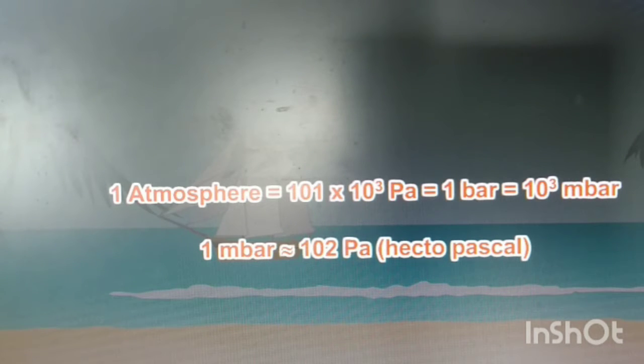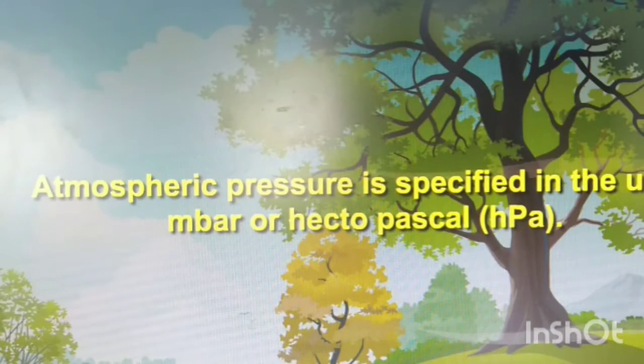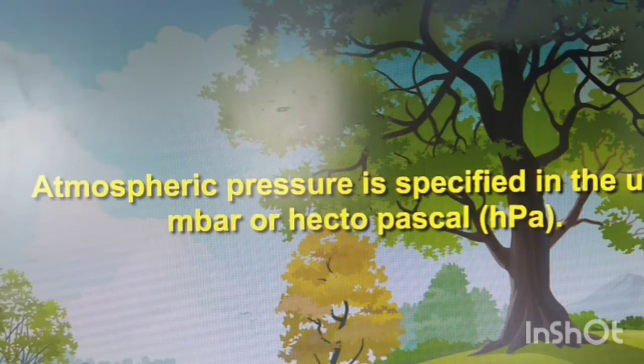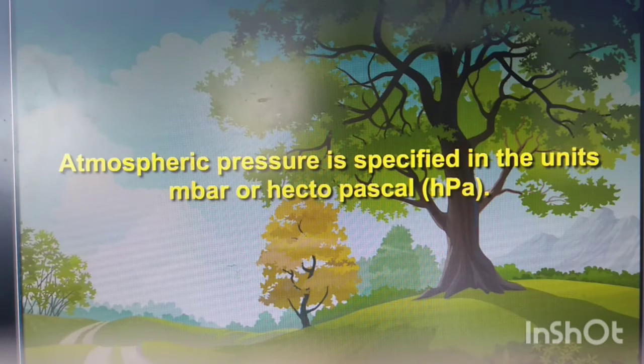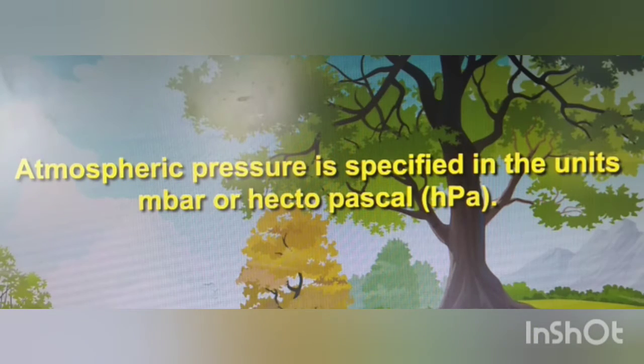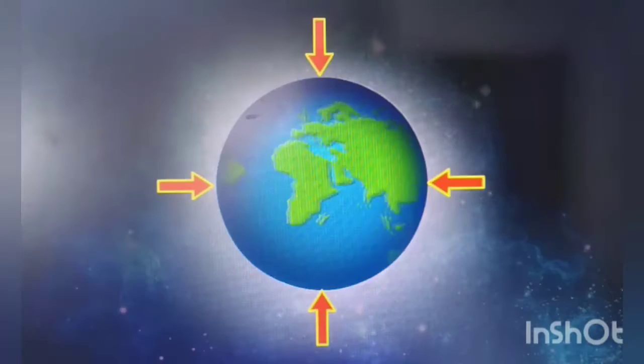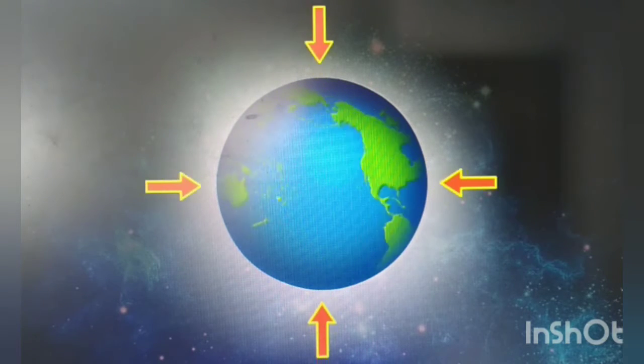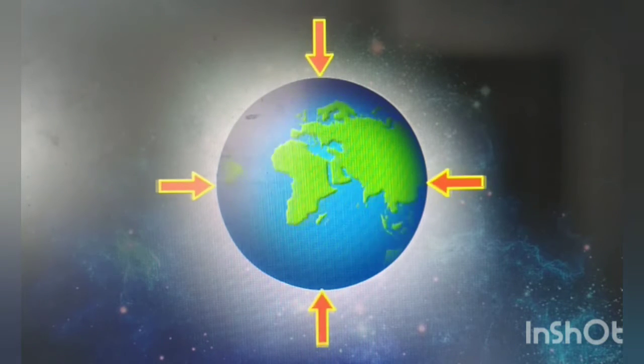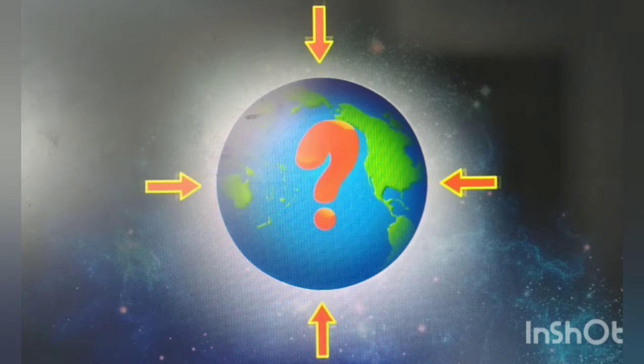Atmospheric pressure is specified in the units millibar or hectopascal. Millibar is denoted by small m and bar and hectopascal is denoted by small h p a. The atmospheric pressure at a point in air is equal from all sides.